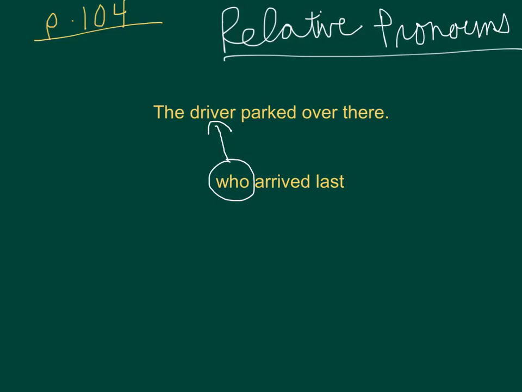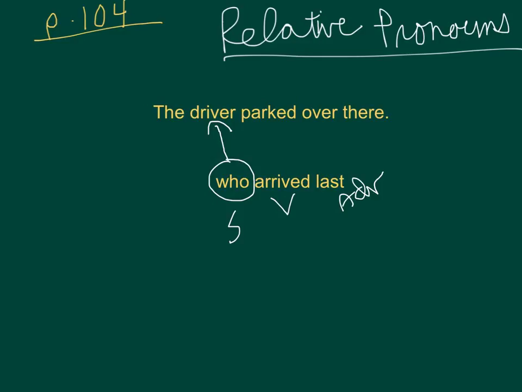So it means the same thing as driver, and within the 3 words who arrived last, we've got a subject and we've got a verb and we've got an adverb there too. But this whole thing is like a mini sentence: who arrived last. That's what we call a clause. It has a subject and a verb.